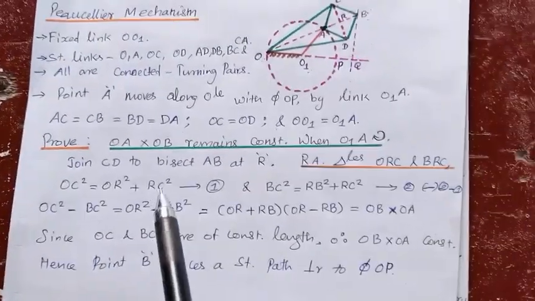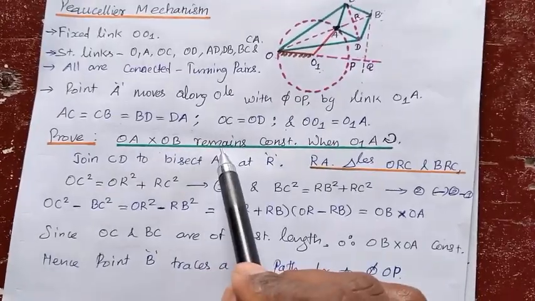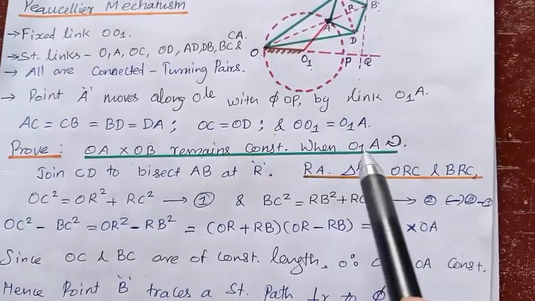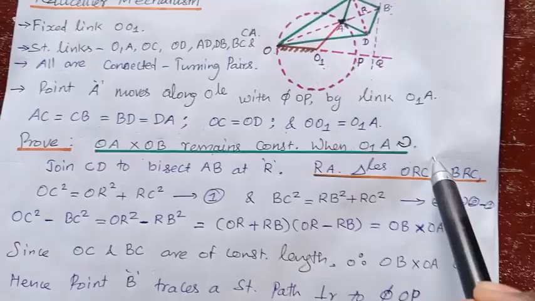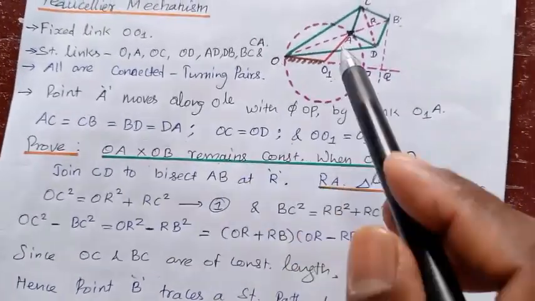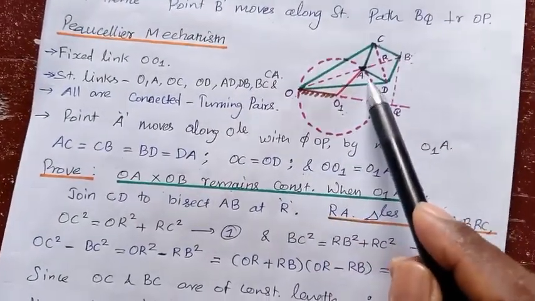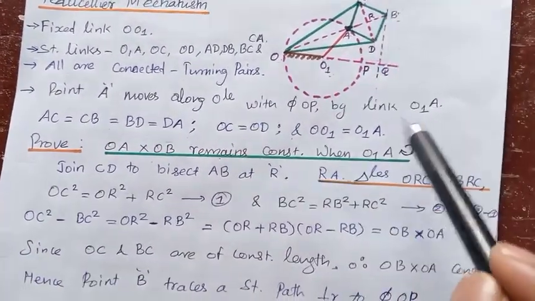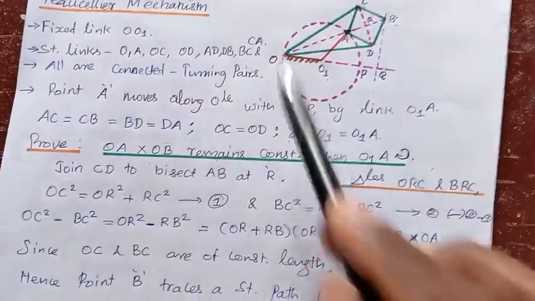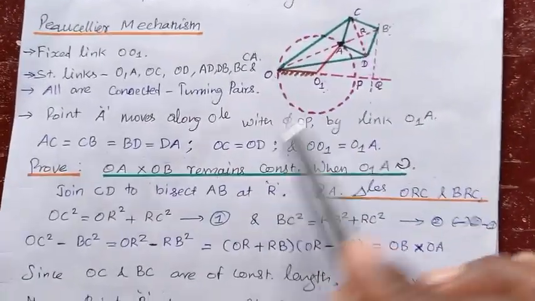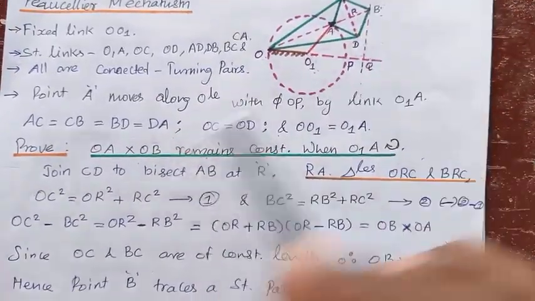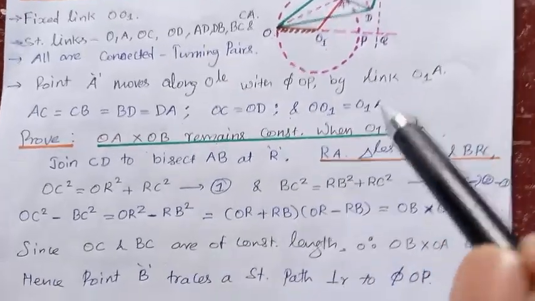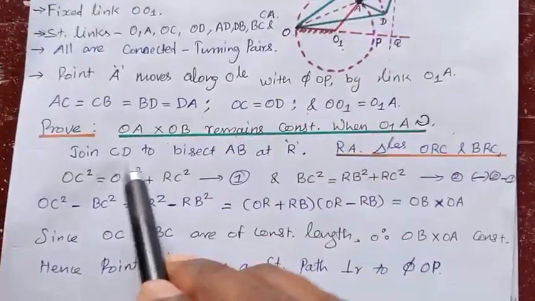Proof. What do we prove? OA into OB remains constant when O1A rotates. As the mechanism moves, OA into OB remains constant. Just we want to prove it.